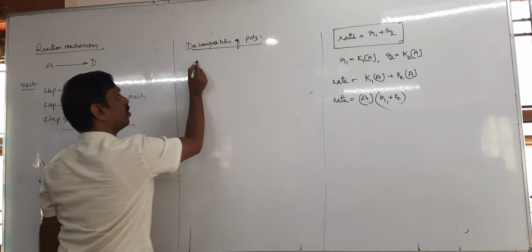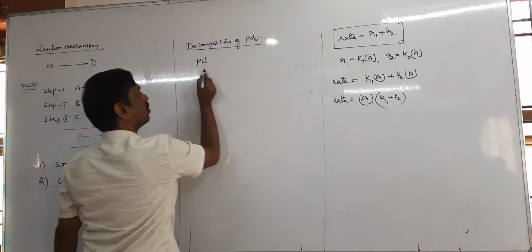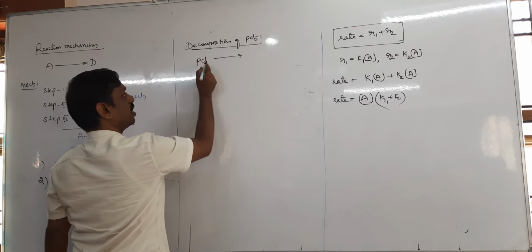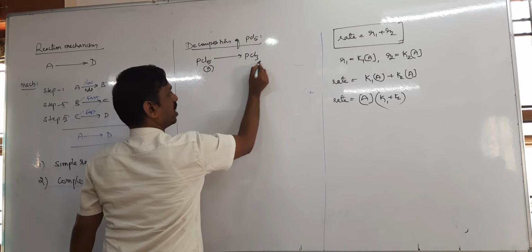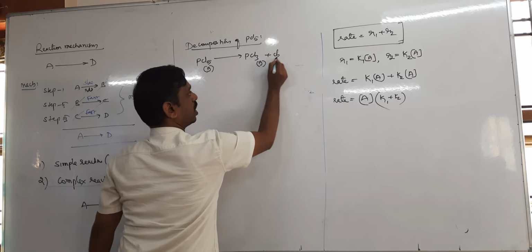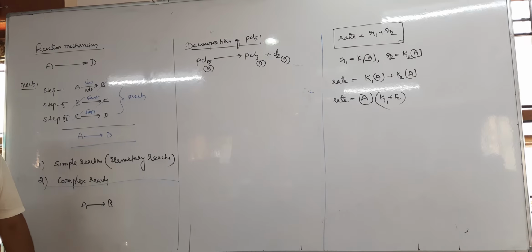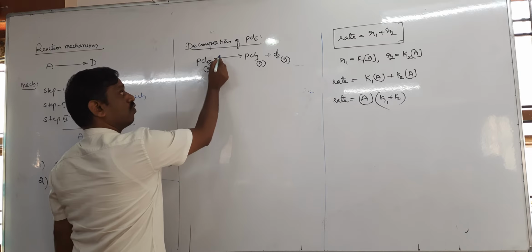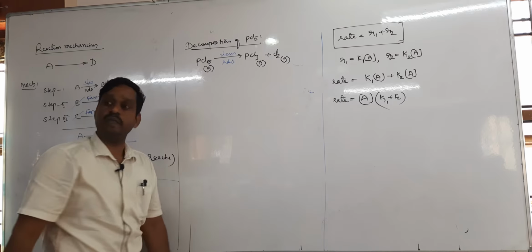When PCl5 undergoes decomposition, it gives rise to PCl3 gas plus Cl2 gas. Now this reaction takes place in a single step. It completes in a single step. Therefore, this step itself is called what? Elementary step, and it is also RDS, rate determining step.